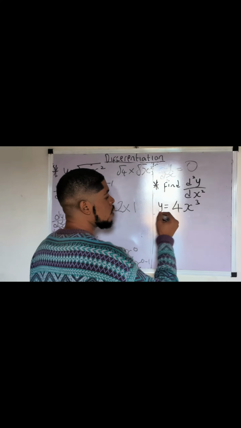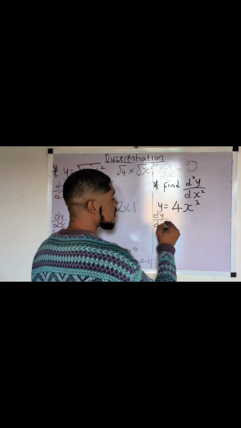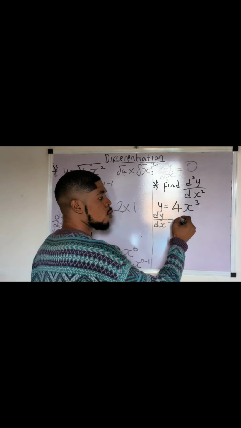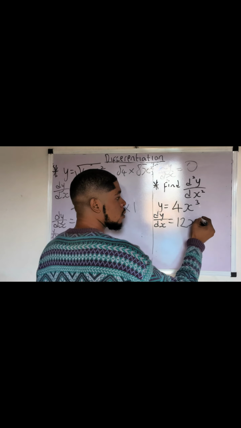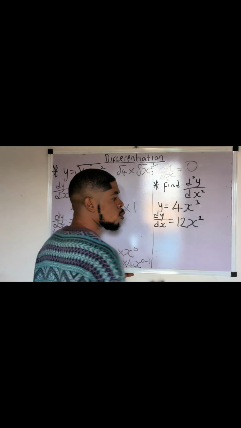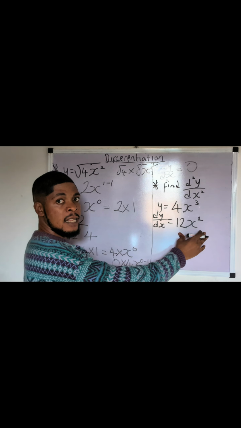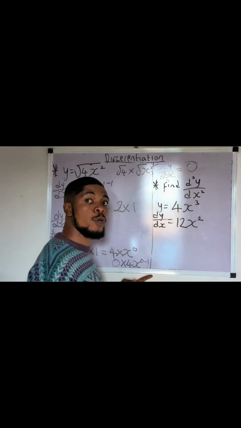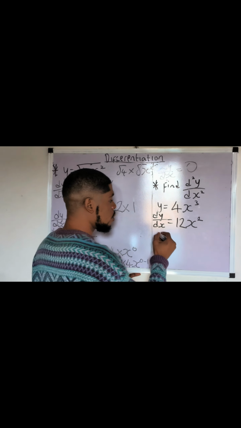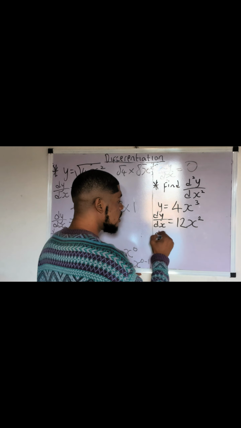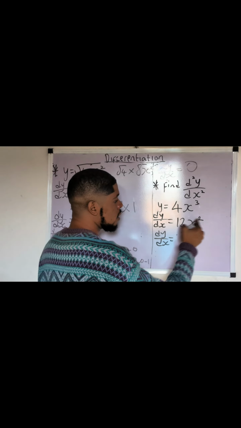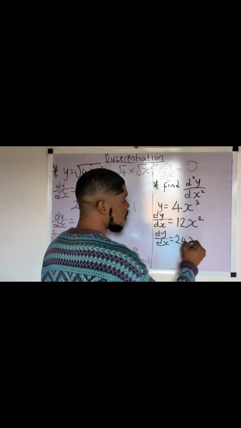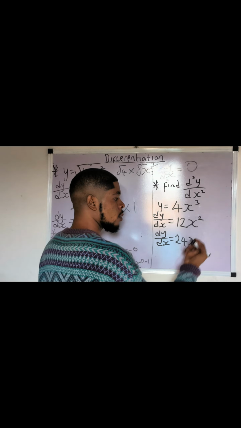Something like this. dy/dx will give you what? This times this is 12x raised to power 2, since the power minus 1 gives 2. Now you got your first answer after differentiating it. You are now also going to differentiate again. So after getting this, dy/dx again will give you 24x, as this times this is 24 and the power minus 1 gives 1.